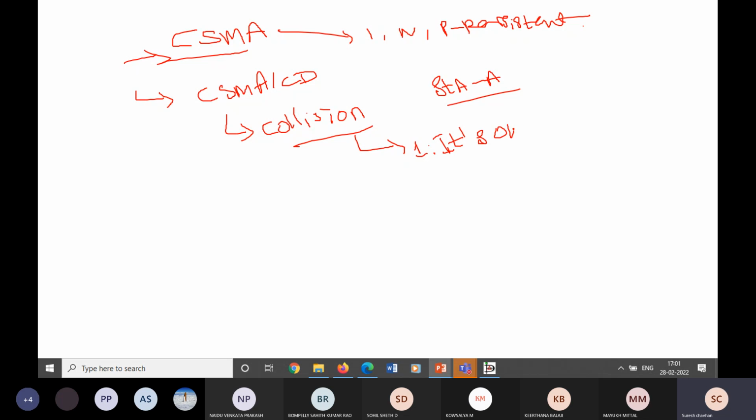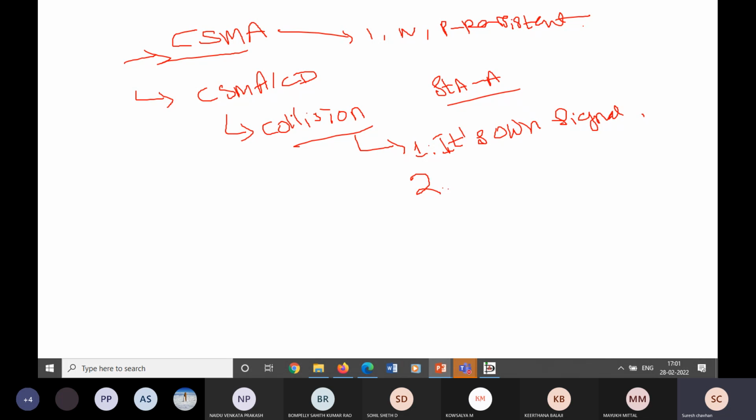Its own signal, the data of station A sending to some XYZ station.